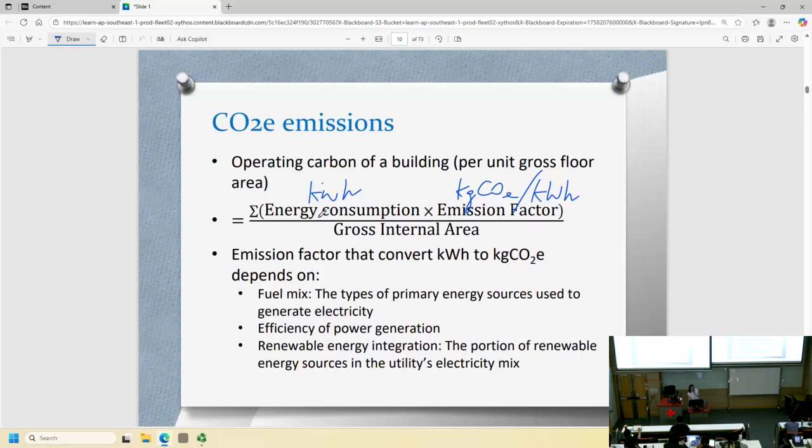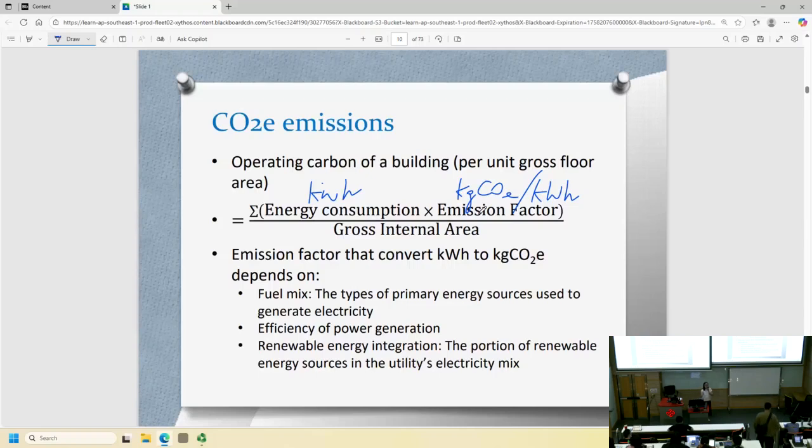So if the energy that we are calculating is electricity, then you should check out the emission factor for the electricity. For my home, I check the electricity bill and find out the whole year I consume this amount of electricity, and then I go to the website of CLP to check its emission factor.